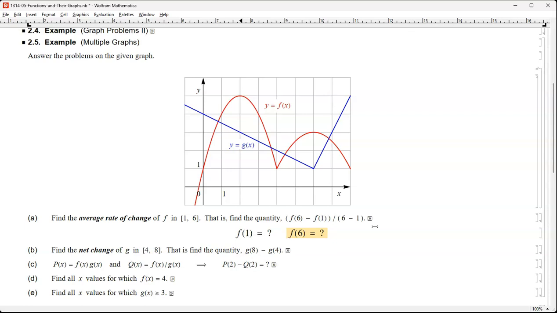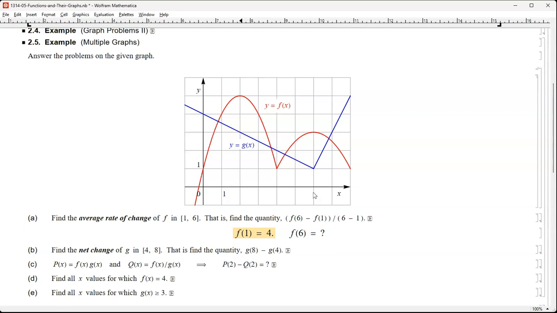So what is f of 1? We have to start from x equals 1 and move vertically until you hit the point on the graph. Right here, look at my mouse, and then it hit this lattice point. What's the y-coordinate value? It's 4. Do you see that? How about 6? 1, 2, 3, 4, 5, 6.